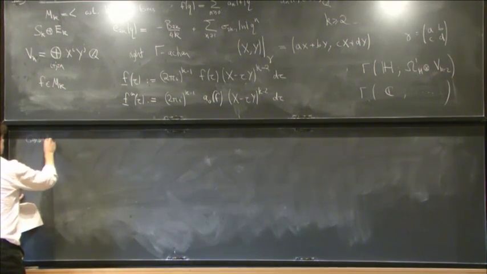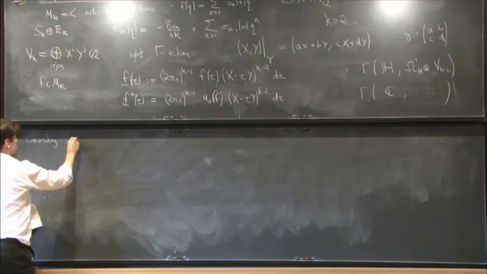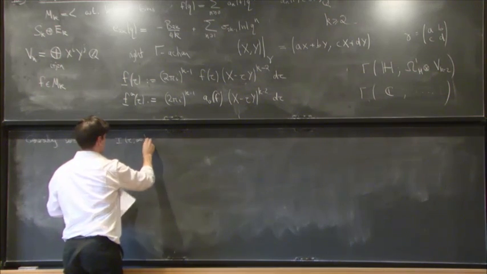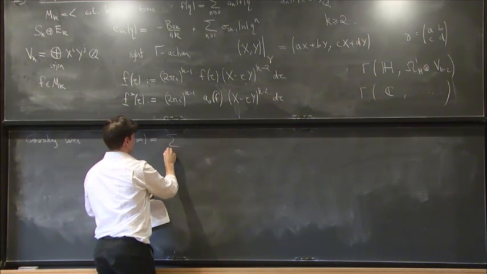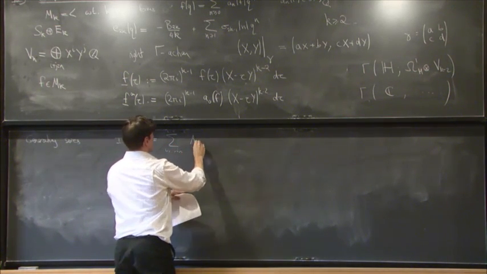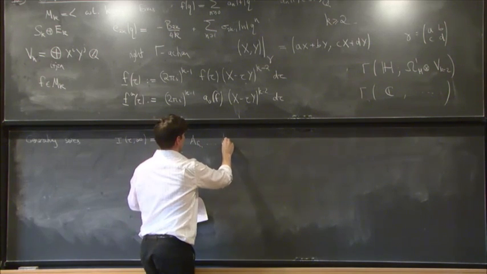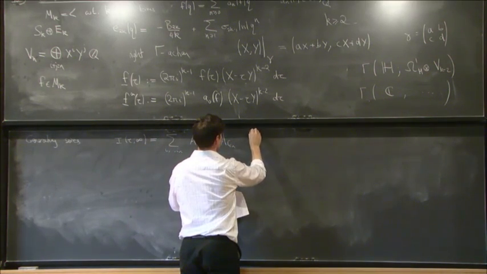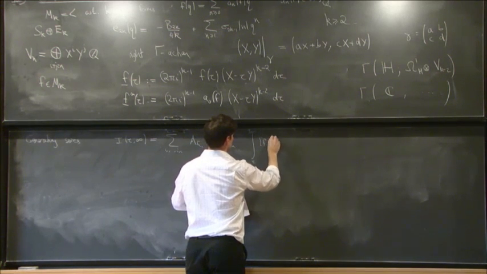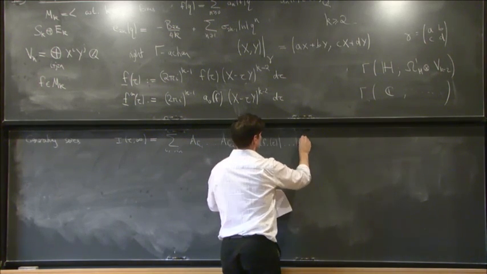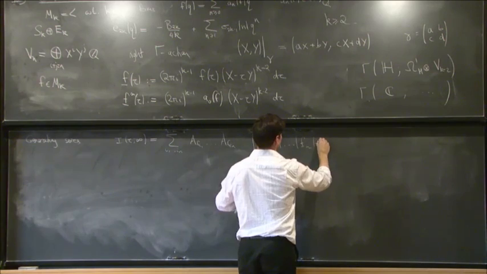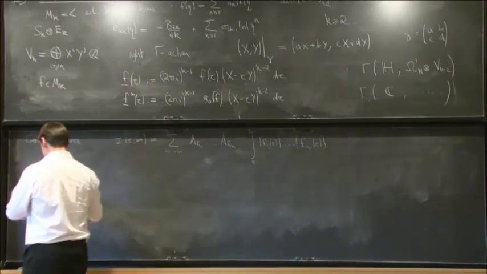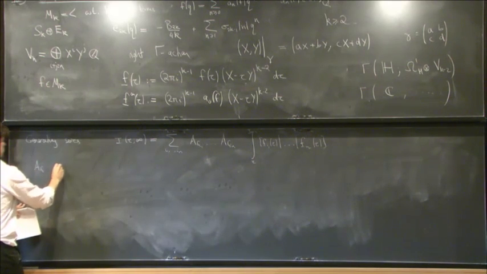So then the natural thing to do is to form the generating series I tor infinity equals the sum over all indices of these iterated integrals, where the a_f_i are just non-commuting symbols.